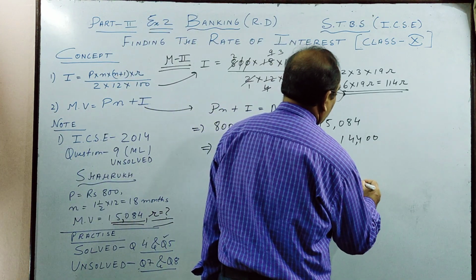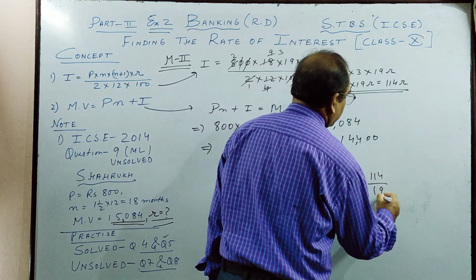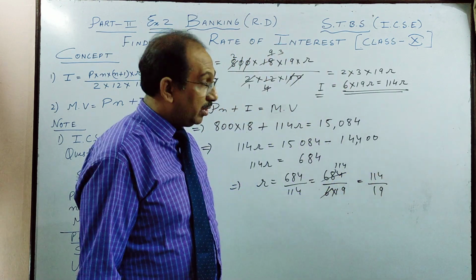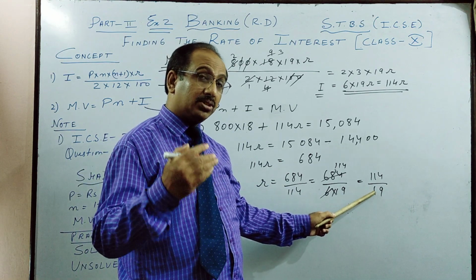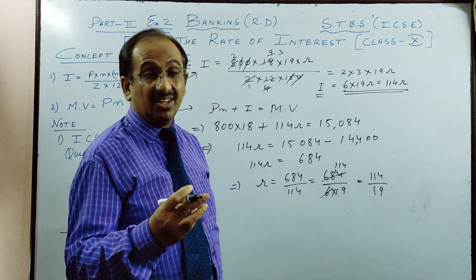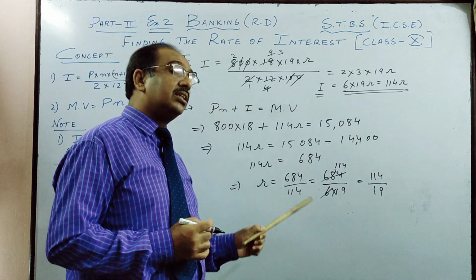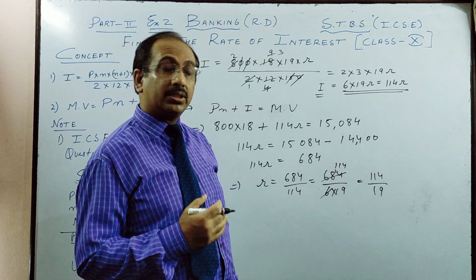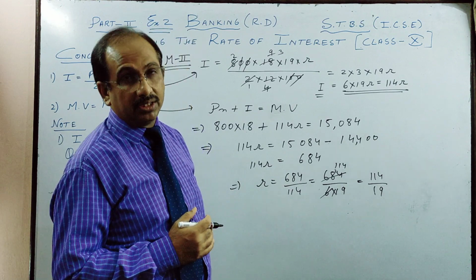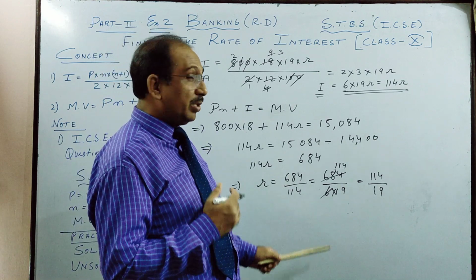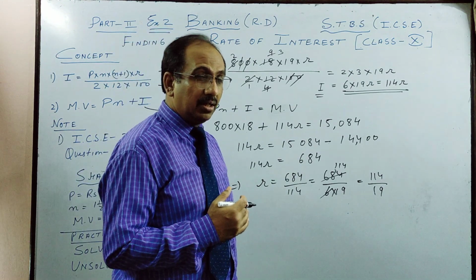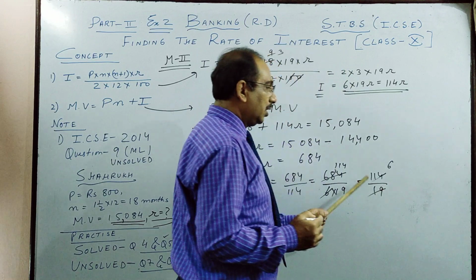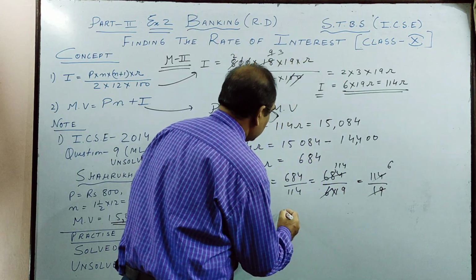Now you get 114 by 19, and you know 19 is a prime number, so you must know table up to 20 at your fingertips. Otherwise many sums you won't be able to solve. Especially compound interest, share and dividend, they involve a lot of calculation, mensuration. So please learn the table up to 20 if you don't know it until now. So now 6 will go, 19 6s, so we get 6%.